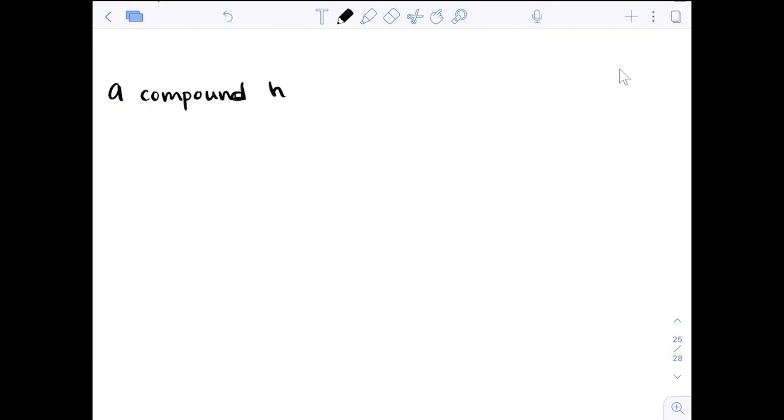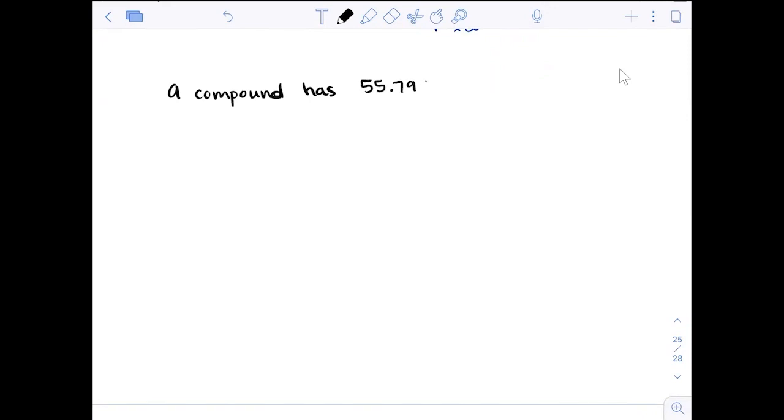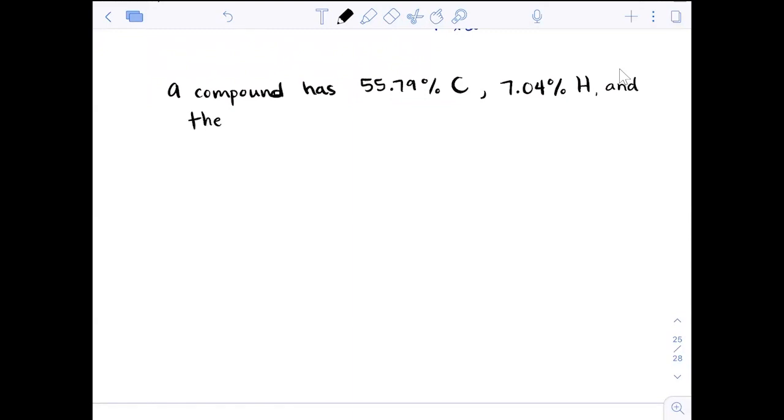A compound has 55.79% carbon, 7.04% hydrogen, and the rest oxygen.